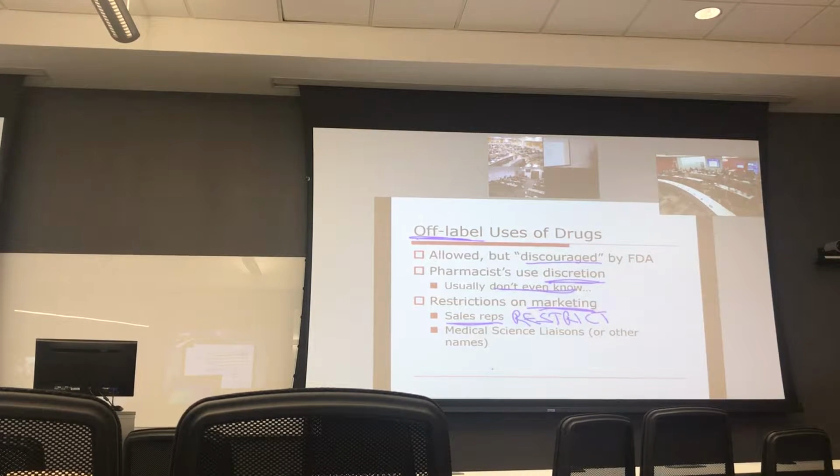The way companies have gotten around that, and again, they're not doing it only to get around this. They're trying to provide more information to their market or prescribers, is to have, they're called various things, medical science liaison is kind of a standard term. Many of you, if you talk to many people working for the pharmaceutical industry, frequently, if the person is a pharmacist, they may have started out as a sales rep, but frequently they will work up to a medical science liaison because they have a working knowledge of medical topics.